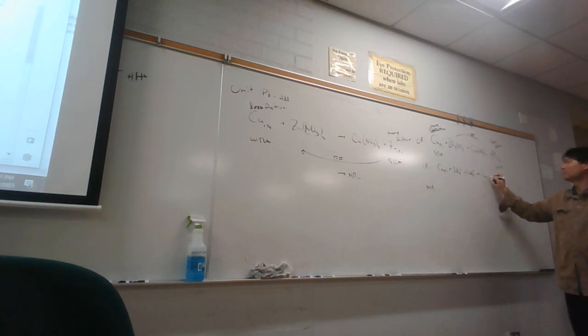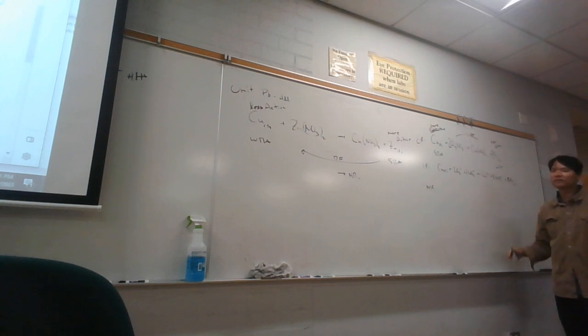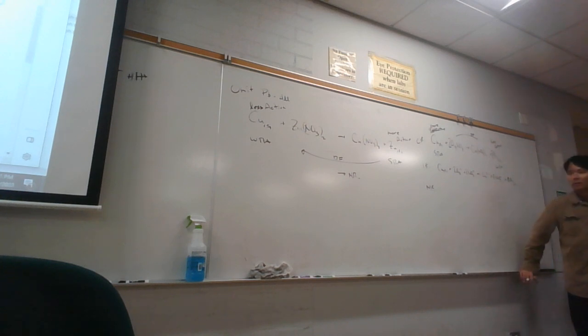Copper nitrate is also soluble, so this is going to ionize to copper 2 plus and 2 nitrates. And silver is just the silver metal, no charge. Okay, the spectator is indeed nitrate. However, if there was acid present, and it doesn't matter the source of acid, any acid you could add to this would have changed the outcome of this reaction.